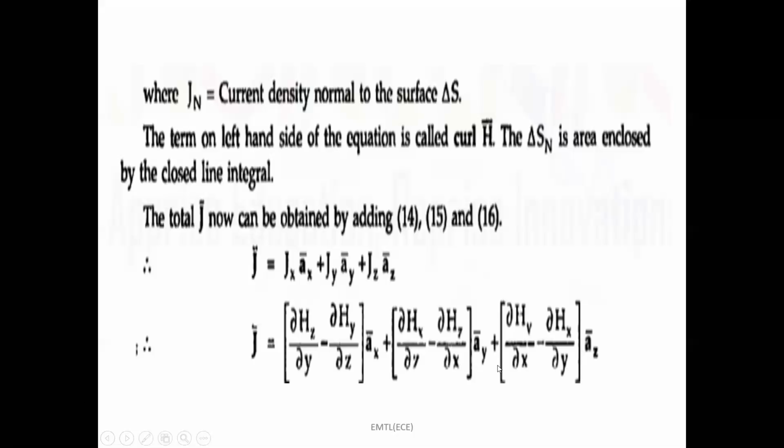So this is the expression for the curl of the H vector. Curl means del cross. So simply, del cross H is equal to J.